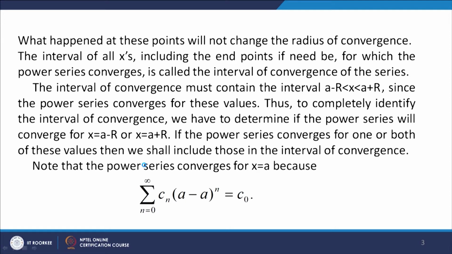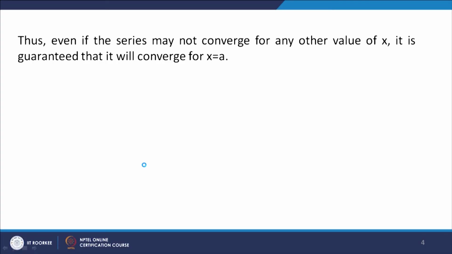So, the series at x equal to a gives C naught, and therefore, the series always converges for x equal to a. Thus, even if the series may not converge for any other value of x, it is guaranteed that it always converges at its center, that is x equal to a.